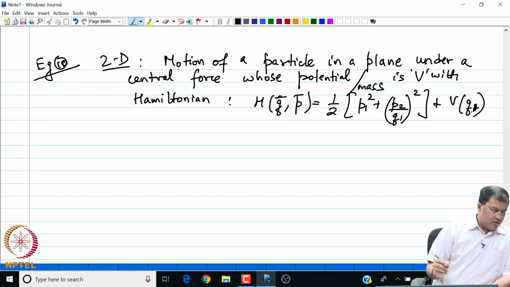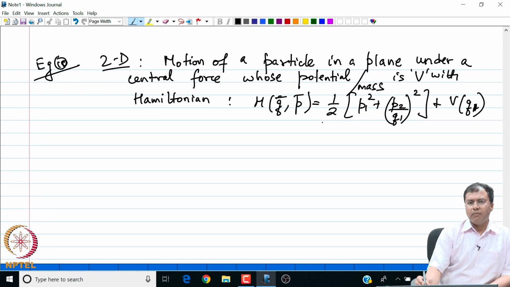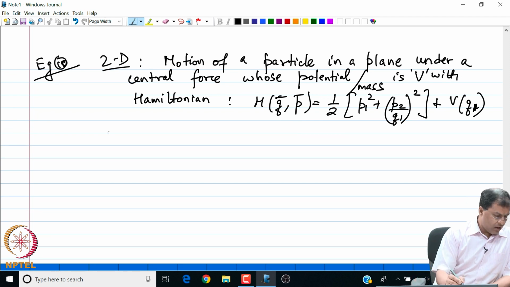Right. So, suppose the 2D problem would have been in the polar setup. Suppose we were describing the problem in polar coordinates, then people can recognize my coordinate q1 as my radial coordinate.